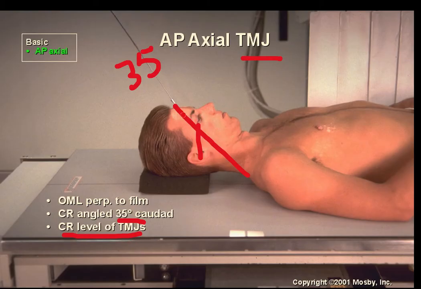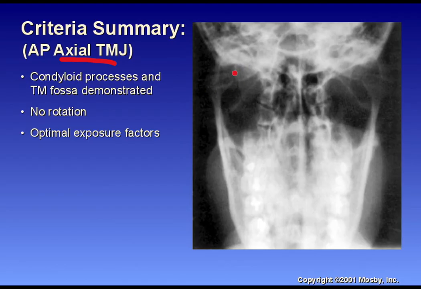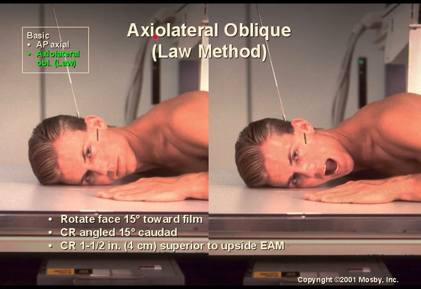This one is centered to exit at the level of the TMJs, okay? So that line's going to cut through the TMJs, so it's going to be a little bit superior to the glabella, okay? So that's what makes it able to see that fossa for the TMJs.